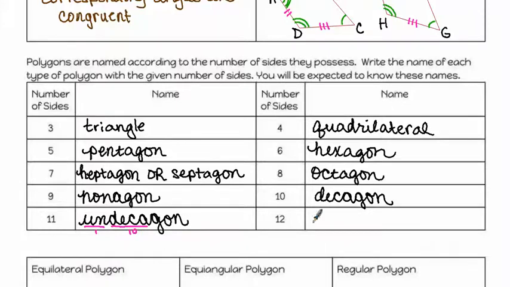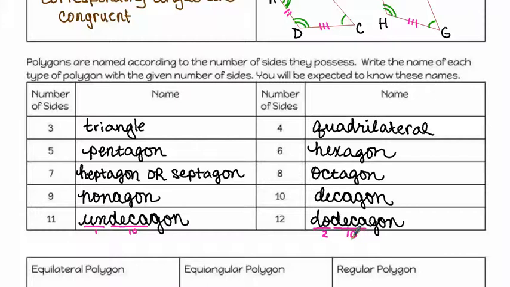Continuing on with 12, dodecagon. And there again, the prefixes tell you the name. Do meaning 2, like think dose. And deca meaning 10. So 2 and 10 make 12. Hence why it's called a dodecagon.